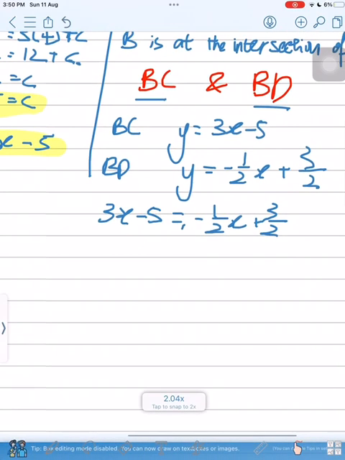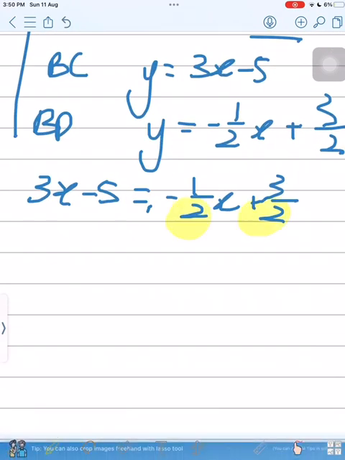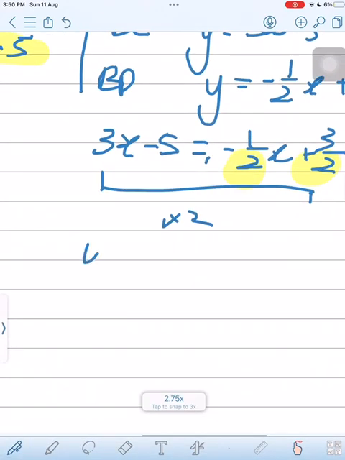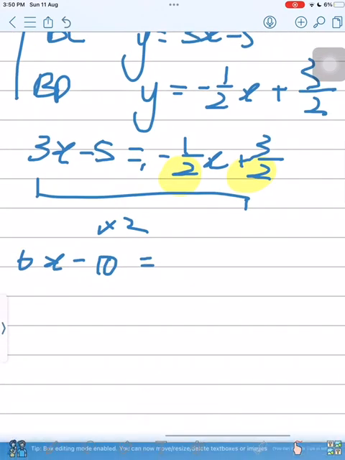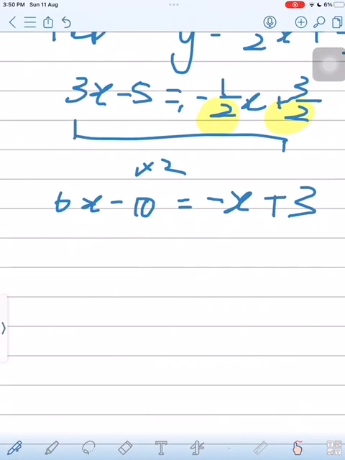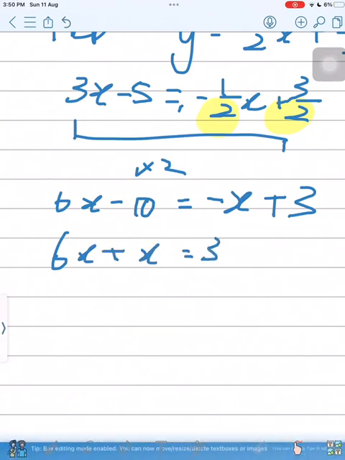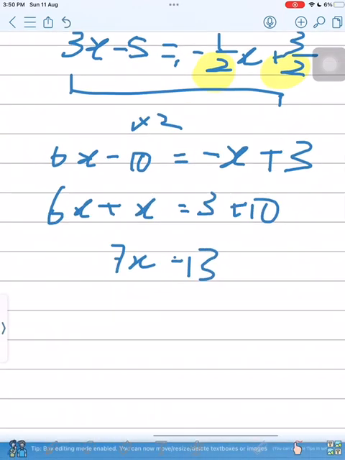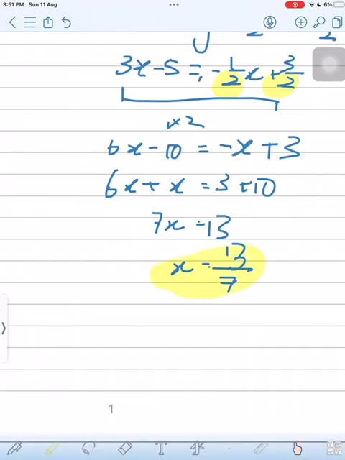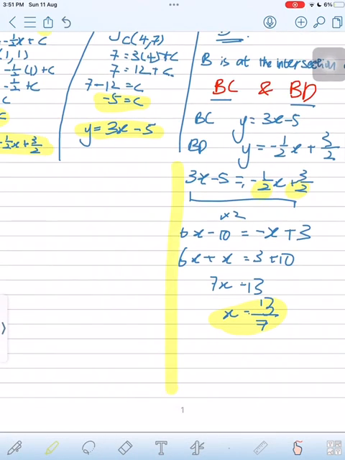Like normal, but here I will multiply everything by 2 so I can remove the denominator, the fraction. Then move the terms to the other side. 7x equals, then x equals 13 over 7.